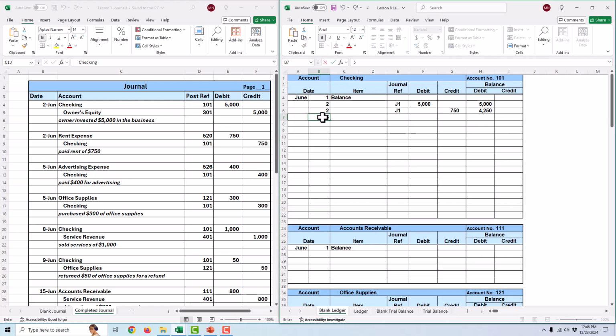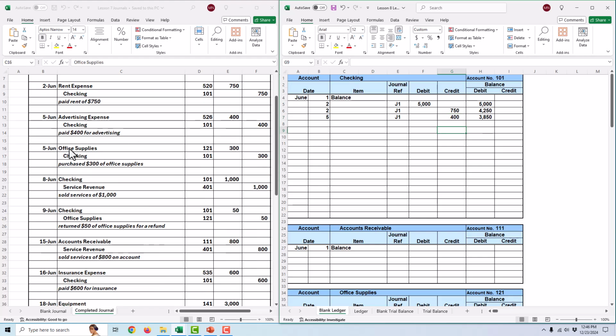We would put in the date, the journal reference, and it was $400 on the credit side. To get the running balance, you would take the $4,250 debit minus the $400 credit, and that difference is $3,850. And it would go on the debit side since the debit of $4,250 was larger than the $400 credit.